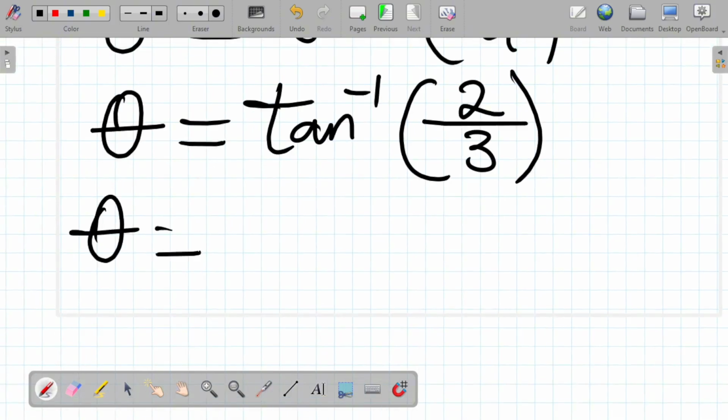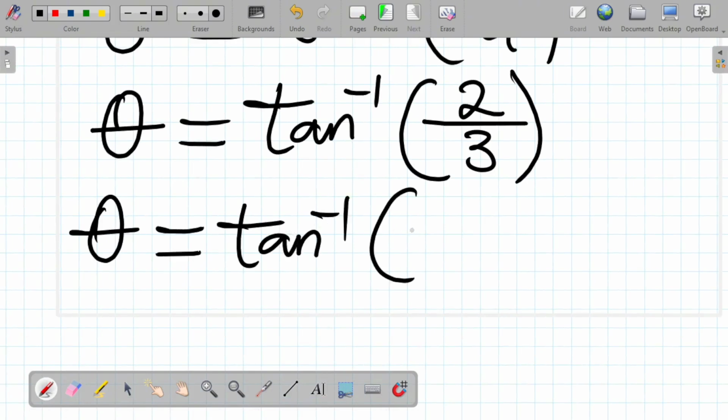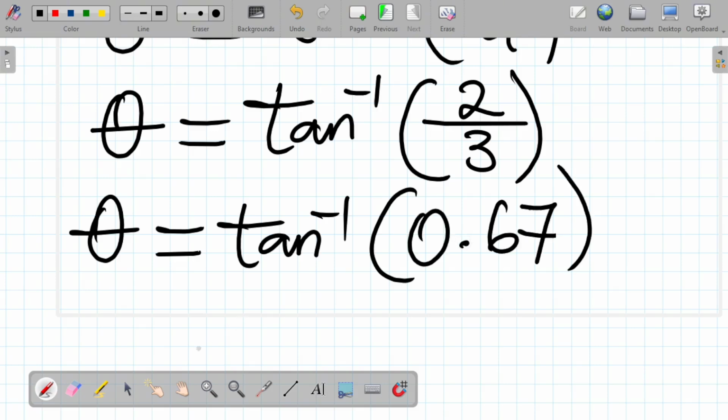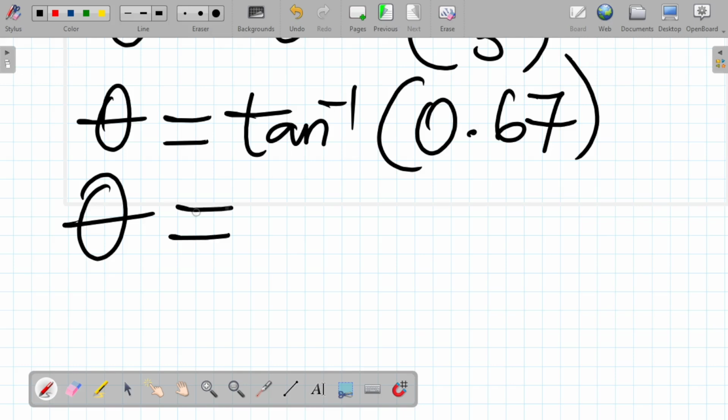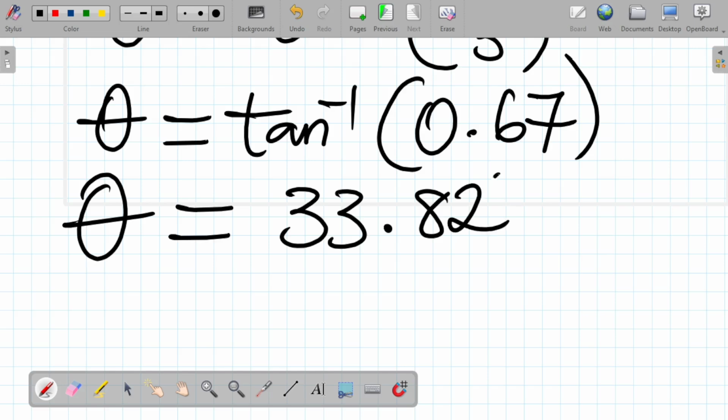So theta is equal to tan inverse of 2 over 3, which is 0.67. So therefore, if you punch tan inverse of 0.67 in your calculator, it would give you 33.82 degrees.